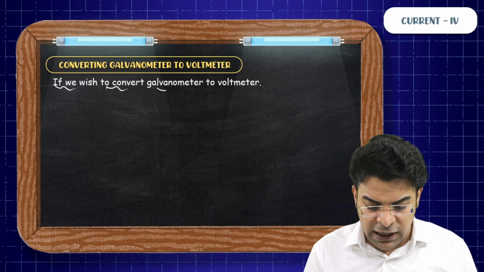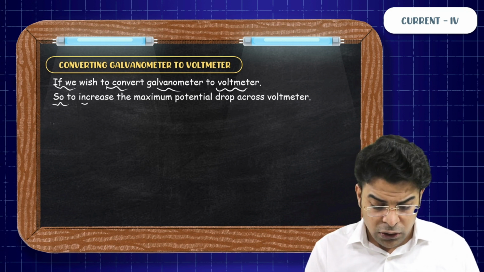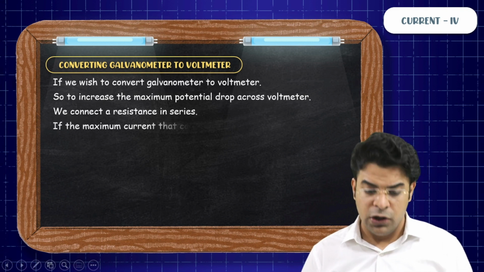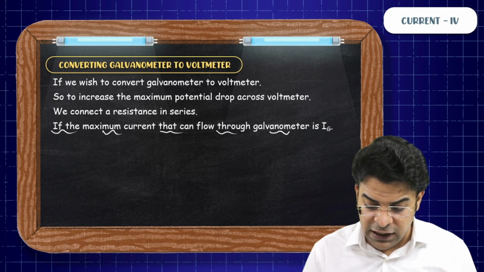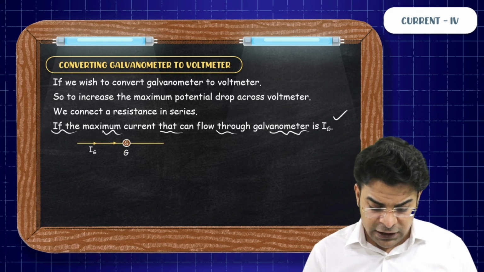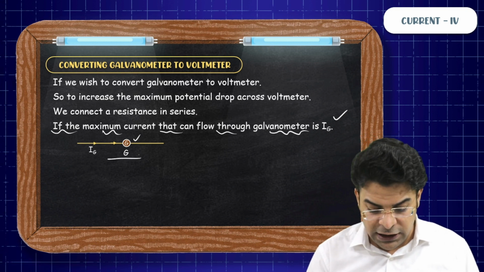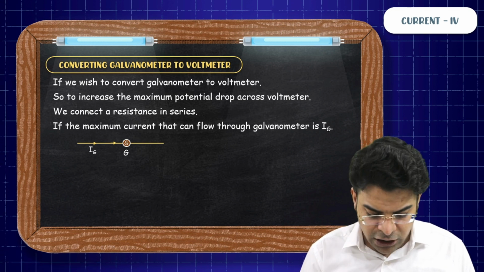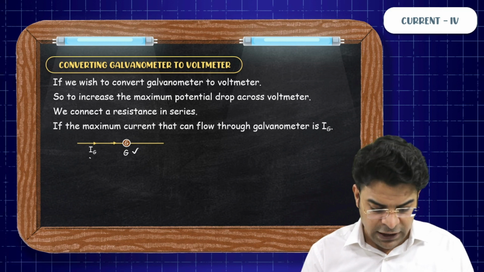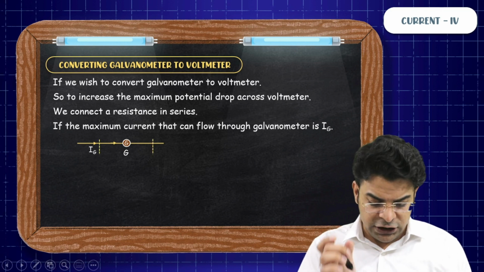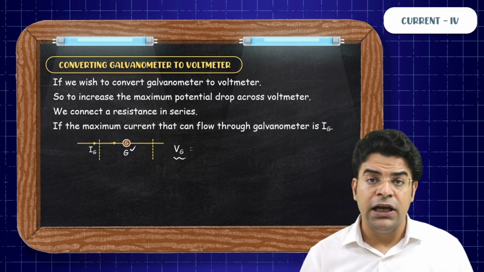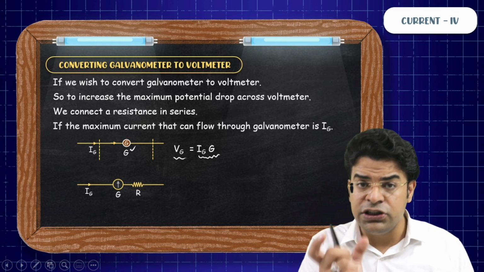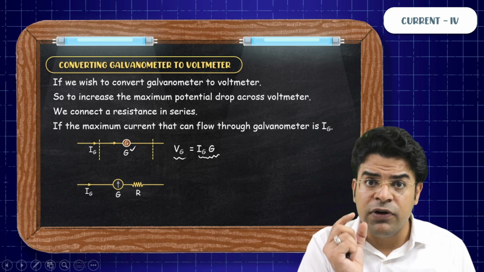If we wish to convert a galvanometer to voltmeter, so to increase the maximum potential drop across voltmeter, we connect a resistance in series. If the maximum current that can flow through the galvanometer is Ig, the maximum potential drop we can have across the galvanometer is Ig into G. So if we have a galvanometer of resistance G through which the maximum current flow can be Ig, we will say that the maximum potential drop across the galvanometer Vg has to be equals to Ig into G. Now, so as to increase the potential drop, we attach one more series resistance.